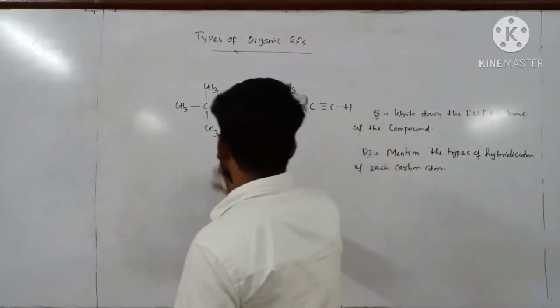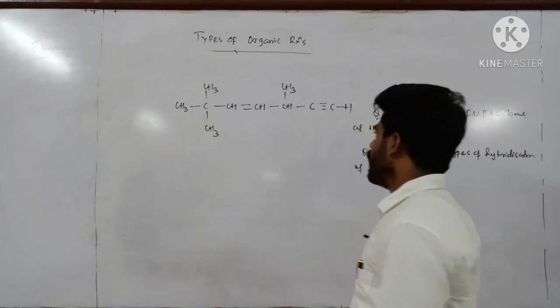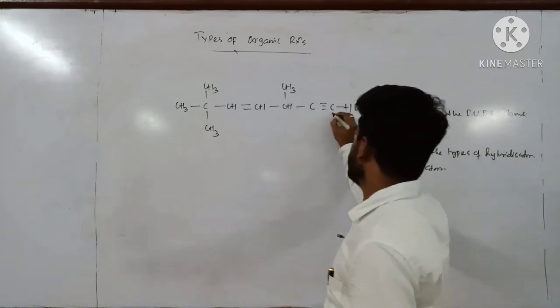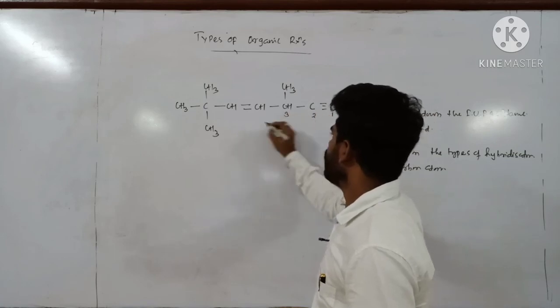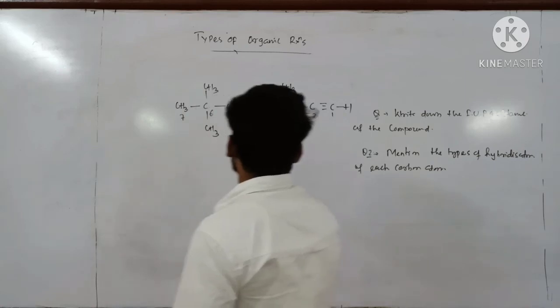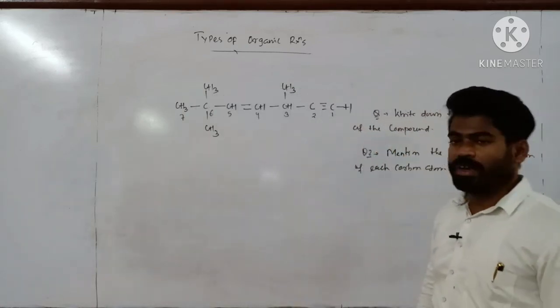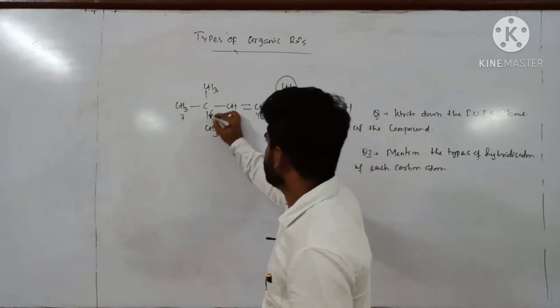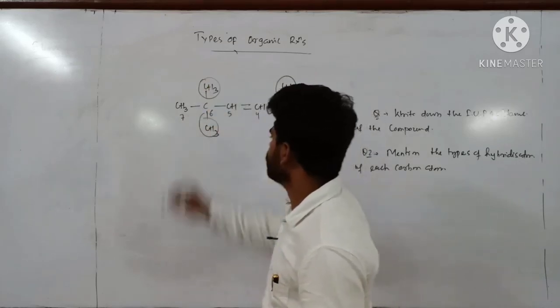So look at this compound. The longest continuous carbon chain is definitely the middle one, and the numbering will be started at the triple bond side because it comes earlier. 1, 2, 3, 4, 5, 6, 7. First is the prefix, corresponding to the side chains. Yes, these are the side chain methyl groups.